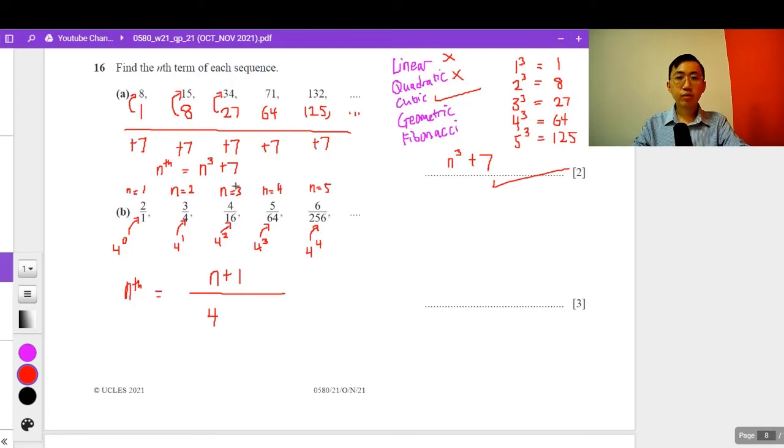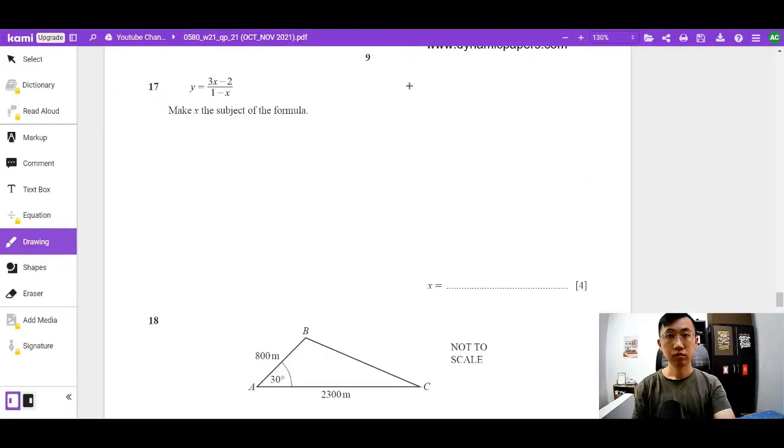When I put n equals to 3, the power for this 4, this top number right here, should be getting 2. So for the sequence right here, when I put n, I will have to minus 1. So this one you definitely need to practice a little bit, and you can get this answer already. Alright, so the n term is n plus 1 over 4 to the power of n minus 1. Okay, so that is the answer.